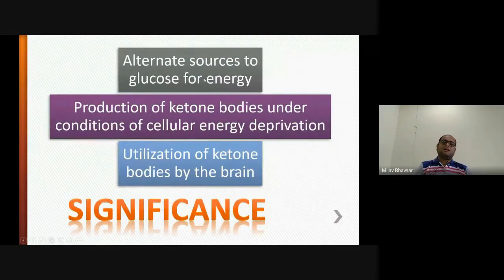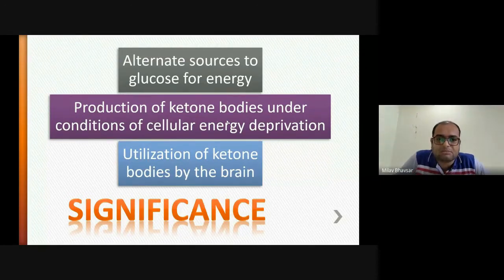Basically, the significance is that when there is no glucose available, they can serve as an alternate source of energy. They are generated under cellular energy deprivation conditions. Thinking back to carbohydrate metabolism, you know that glucose is the sole source of energy for the brain.